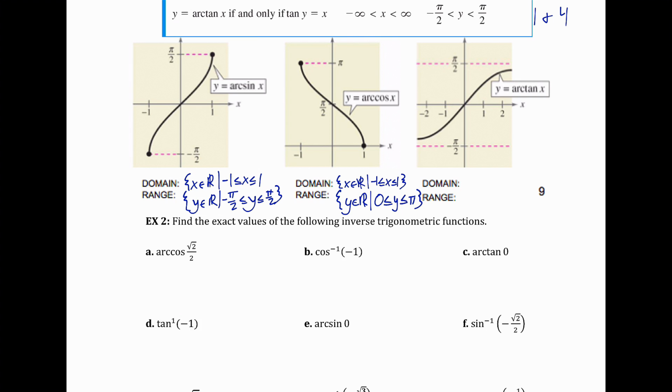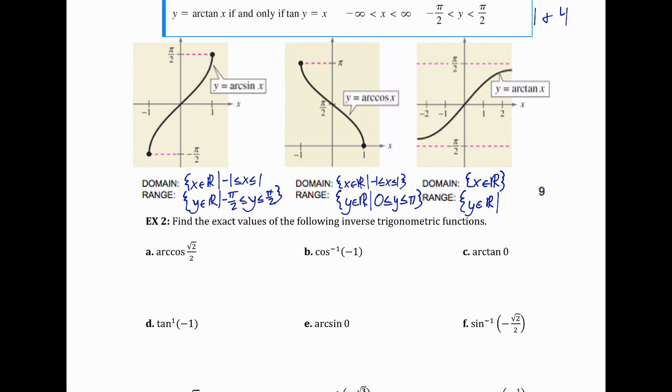The domain for our tangent, you can technically plug in any x value you want and it'll work. So no restrictions on that. Our range is going to be similar to what we saw for sine. So we're going to say y is an element of the reals.